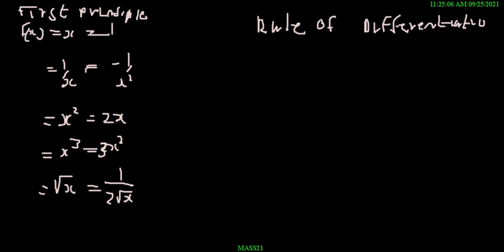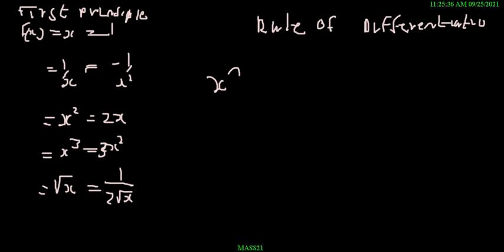So the rules of differentiation are kind of like shortcuts. They're shorter, and I just want to prove that you can get the exact same answer using these other rules. So the first one is, let's say we've got x to the power n.